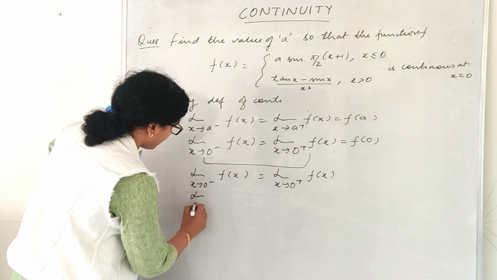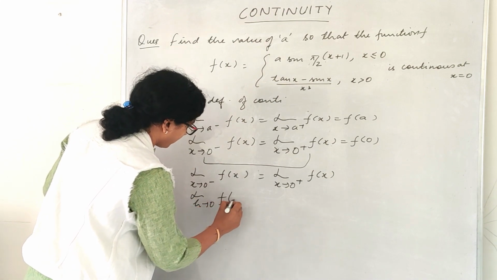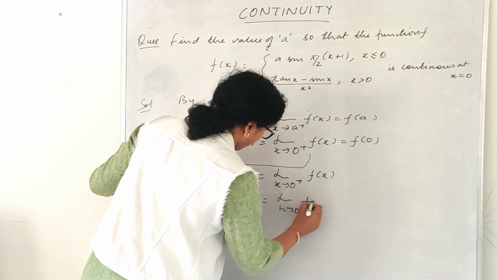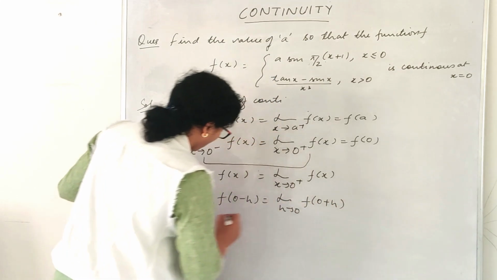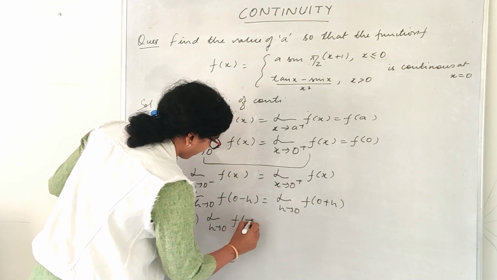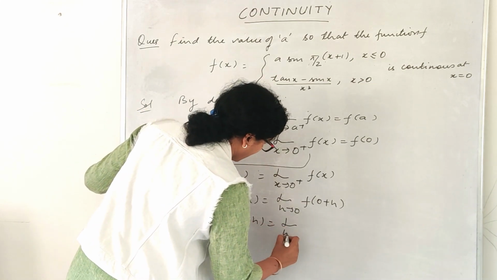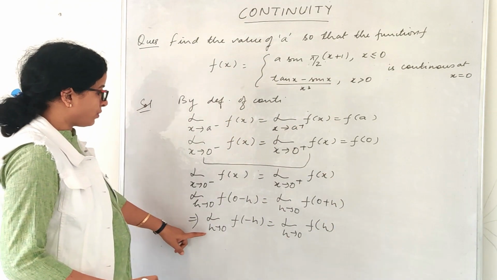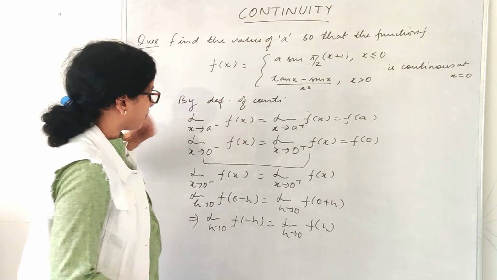What does that imply? Limit h tends to 0 f(0 minus h) is equal to limit h tends to 0 f(0 plus h). This implies limit h tends to 0 f(minus h) equals limit h tends to 0 f(h). Now we have to substitute the value from here.